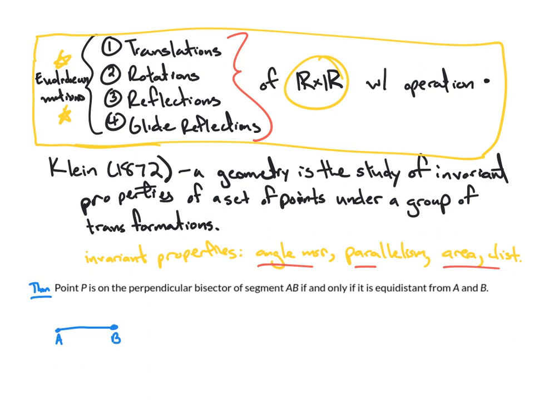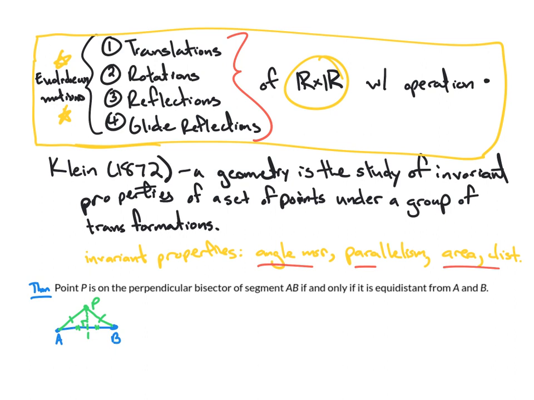So if we have this point P, we know that if it is equidistant from A and B, then it must lie on the perpendicular bisector, and vice versa. If it's on the perpendicular bisector, it must be equidistant, okay? So that's helpful, and we can prove this. We can do some stuff with congruent triangles to prove this. It's a really nice Euclidean geometry result, and not too bad to prove.